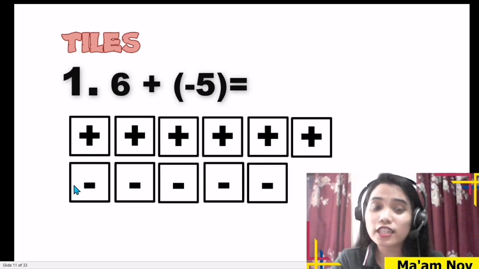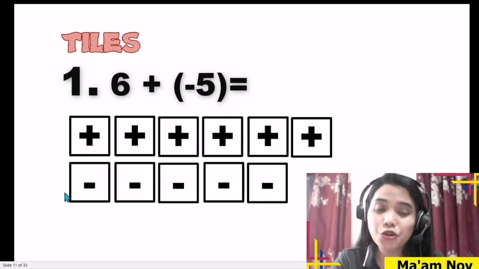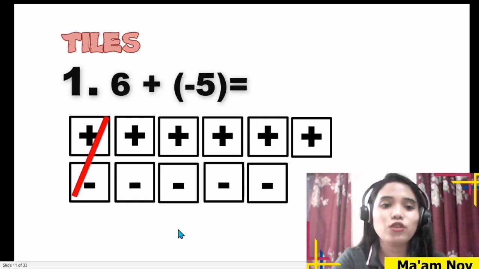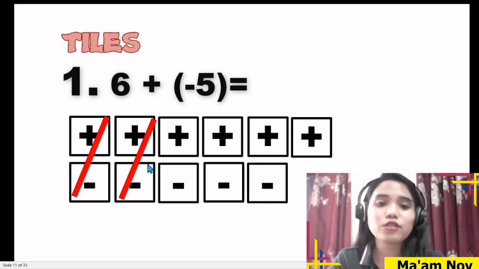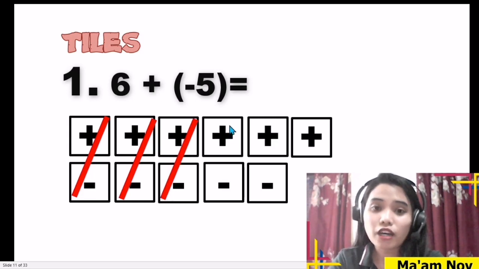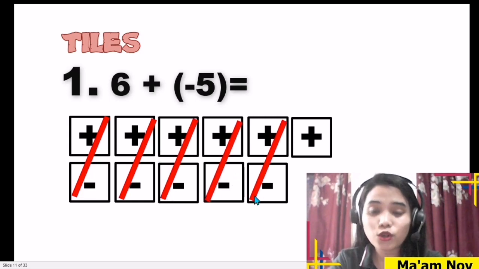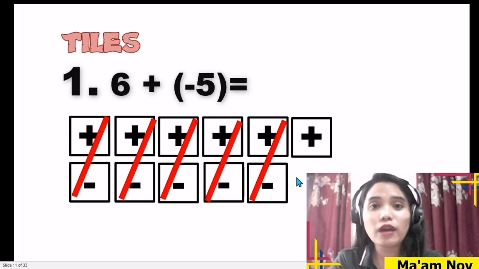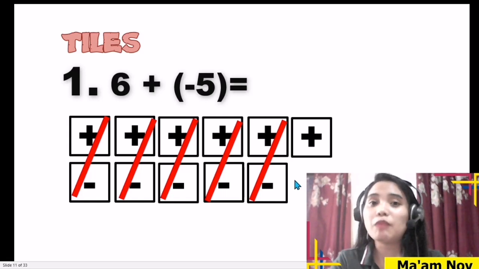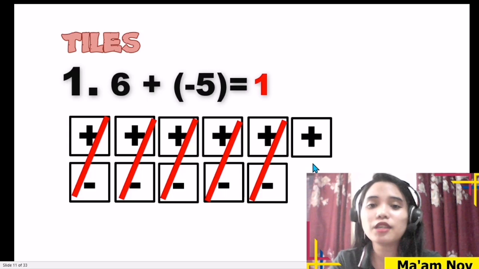Okay, so cross natin yan. Meaning, it becomes 0. It becomes 0. So, how many tiles ang naiwan? 1. Is that a positive or a negative tile? That's a positive tile. So, meaning, ang sagot is positive 1 kasi isang positive tile ang naiwan.